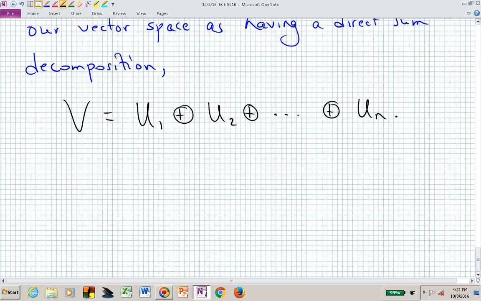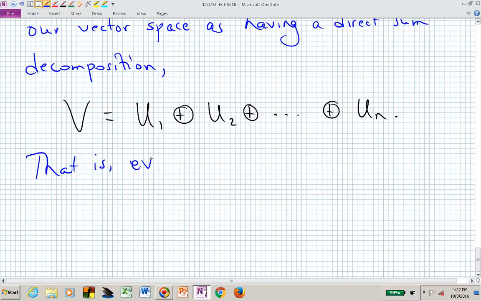Just stay tuned. So we now have this direct sum decomposition, and it's now possible to decompose any vector in our vector space V to have a unique representation within these subspaces U1, U2 up to U sub n.